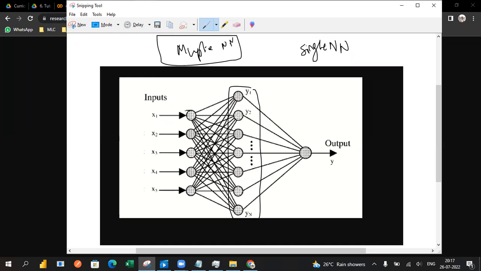You can see each and every node is connected to other nodes, and this is very wide; we cannot identify which node it's connected to. That's why it is very deep to understand.